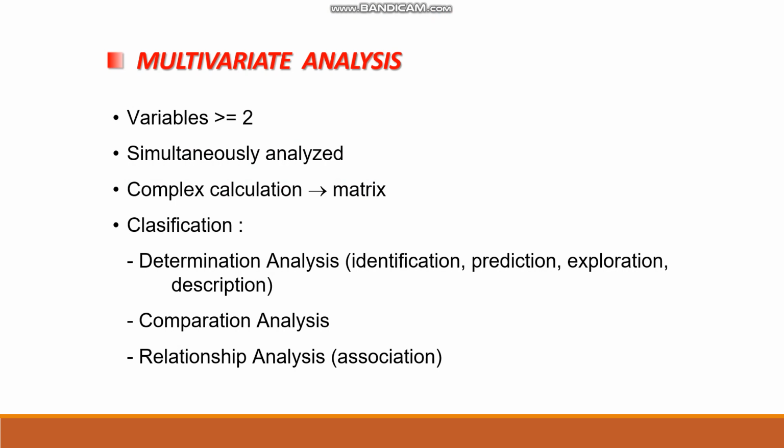The criteria of multivariate analysis: the variables have to be at least two or more and analyzed simultaneously, both together. The minimum is 2, of course. It involves complex calculations to produce the matrix, classification, determination, analysis, identification, prediction, exploration, and comparison analysis. And to see the associations, we can also do relationship analysis.